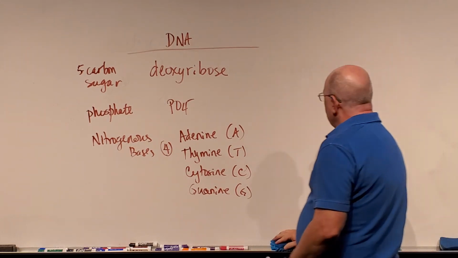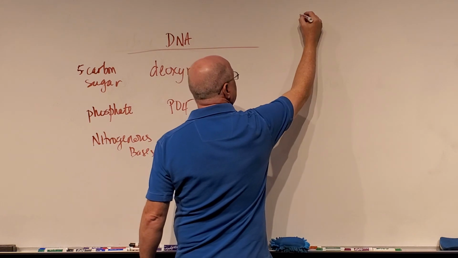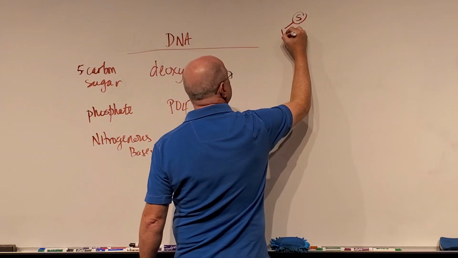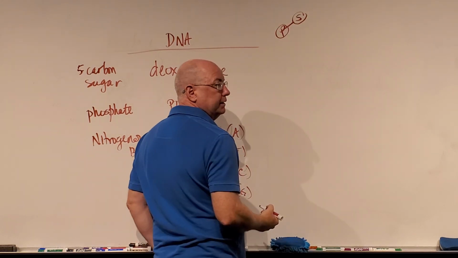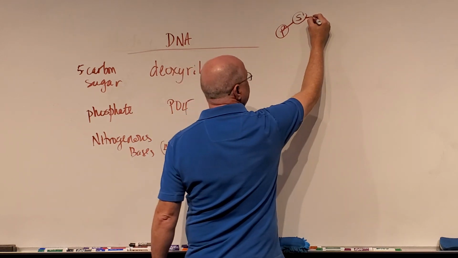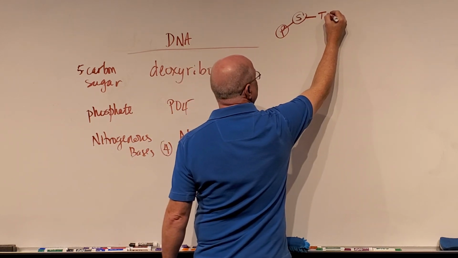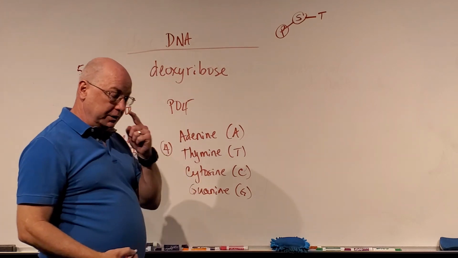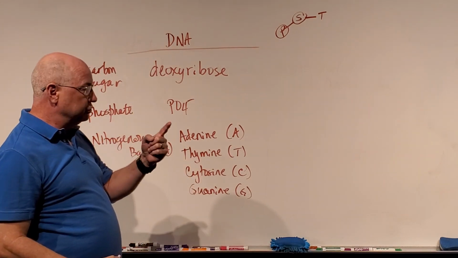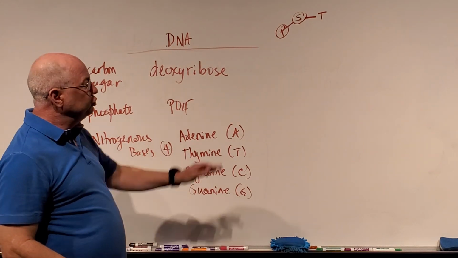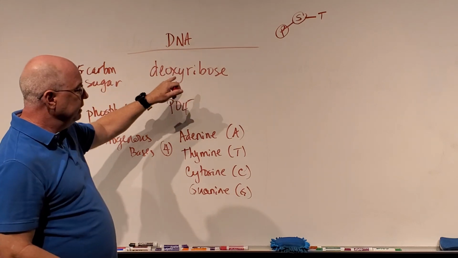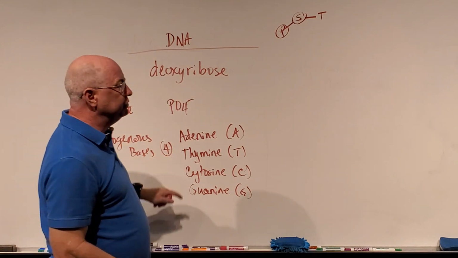Now, if I take a sugar, and I take a phosphate here, they're stuck together in a chemical bond, and it turns out that the sugar can bind to one of the 4 nitrogenous bases also. And this one's going to be thymine. So I already know that I'm dealing with DNA because I see thymine and not uracil.